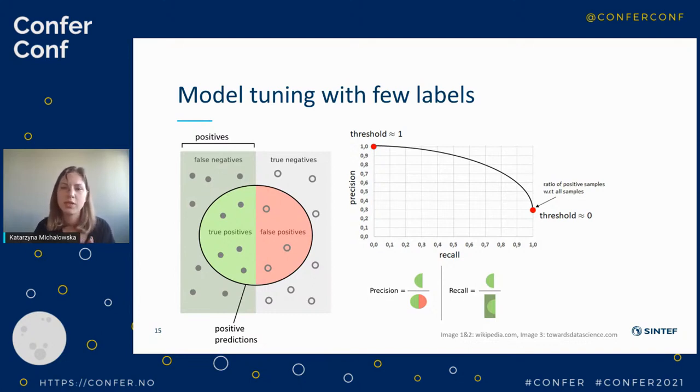So precision is a measure of how many of these true detections there were in all of the instances that the algorithm thought were anomalous. So the algorithm gives us many anomalies, and then we look at how many of them were actually the anomalies. Then we use the recall, which says how many of all anomalies that we have in the data that should have been detected by the algorithm were detected by the algorithm.